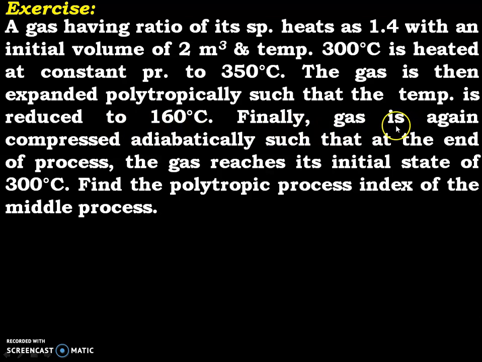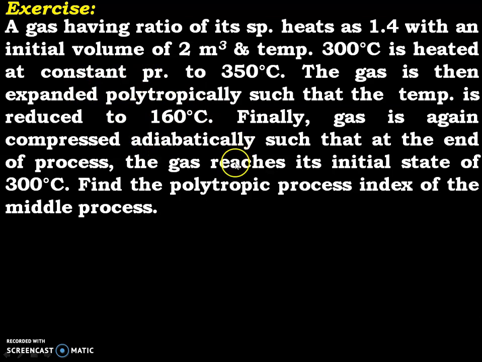And finally, the gas is again compressed adiabatically such that at the end of the process, the gas reaches its initial state of 300 degrees Celsius. So three processes take place. One is constant pressure, then polytropic, and then adiabatic.